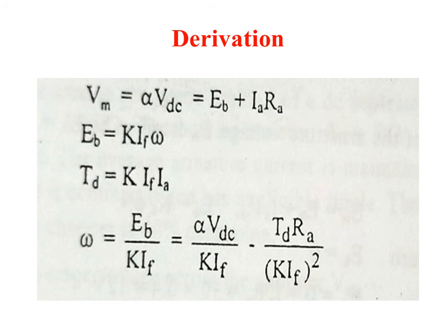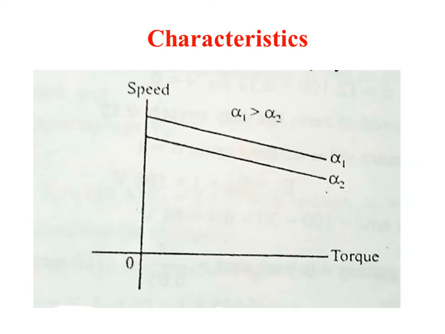Now if we observe the characteristics of separately excited DC motor connected to the chopper circuit, here I have taken torque on the x-axis and speed on the y-axis. If we keep increasing the alpha value, alpha being our duty ratio, obviously the output voltage is going to vary, and obviously the speed is going to vary.